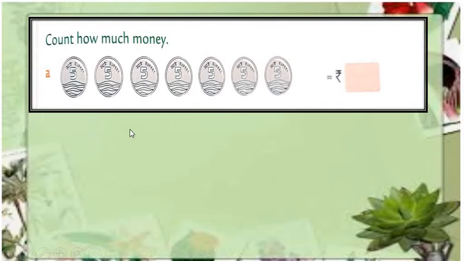Draw the circle and write 5, the numerical value of the coin of 5.